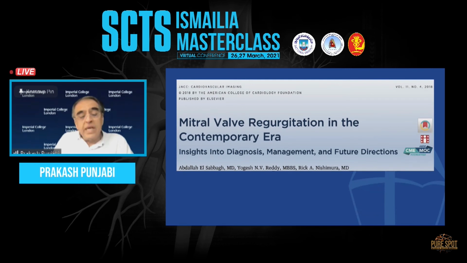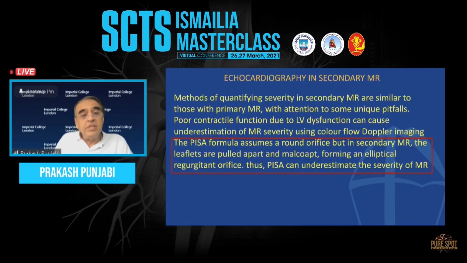We also looked at Rick Nishimura. Rick is the Mayo Clinic chairperson of the American College of Cardiology. So I went and visited him, and we wanted to understand why there was such a significant reversal in the guideline.